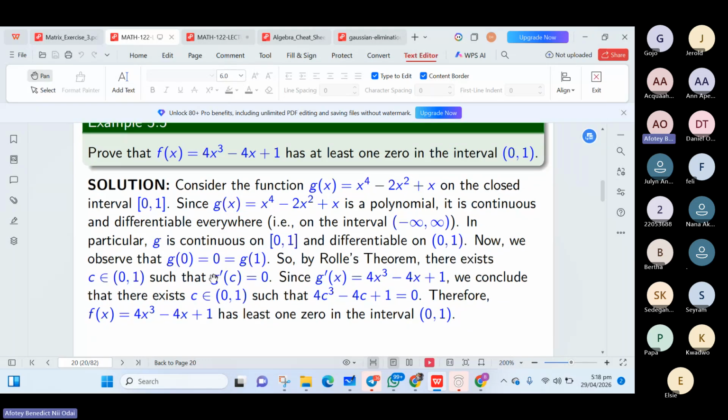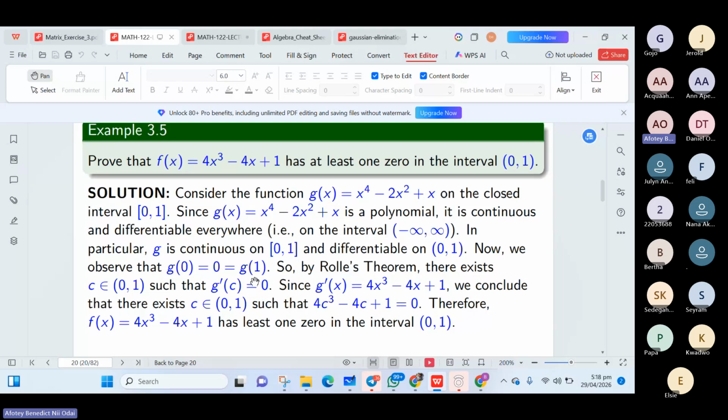Which is saying that if f of A is equal to f of B, then we can find a differential at a particular point, and we get 0, right?